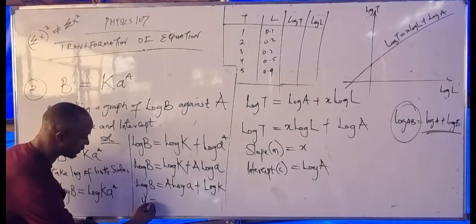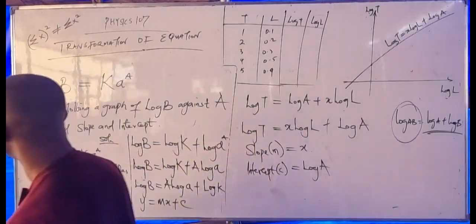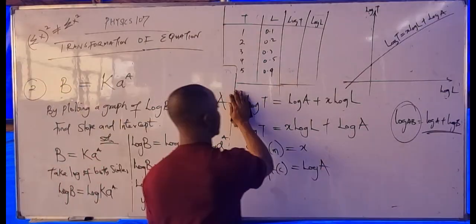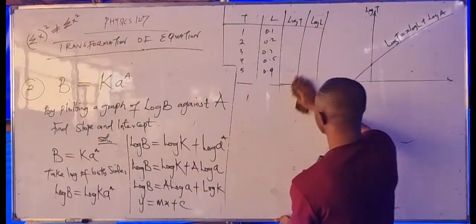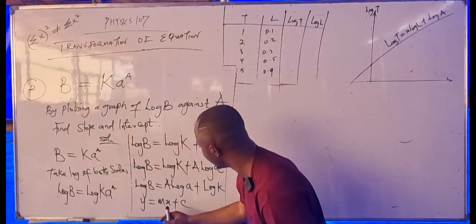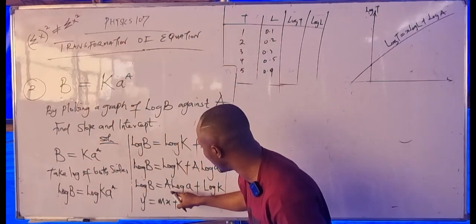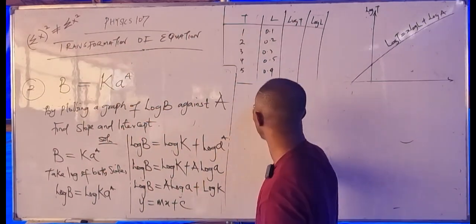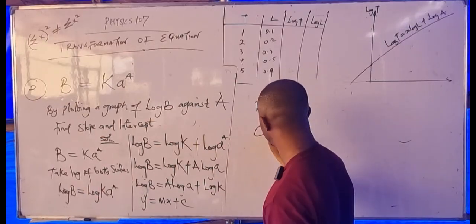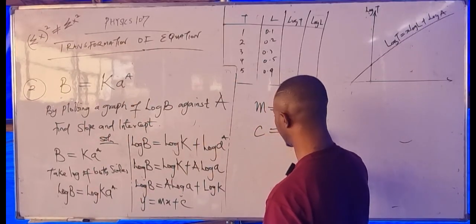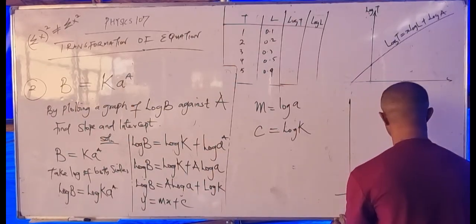So from y equals mx plus c, a graph of y against x, what's the m? Slope. A graph of log B against A, what's the slope? Log a. So our slope is simply log small a. What's the intercept c? Log k. Is that clear?